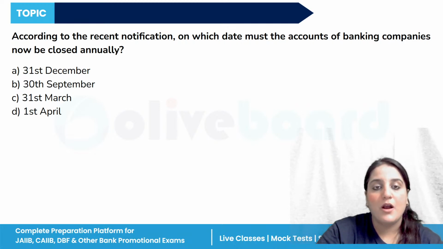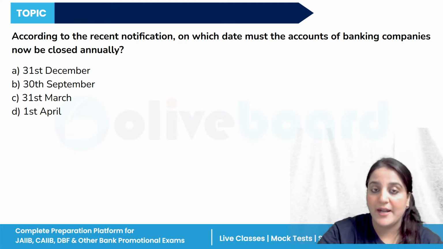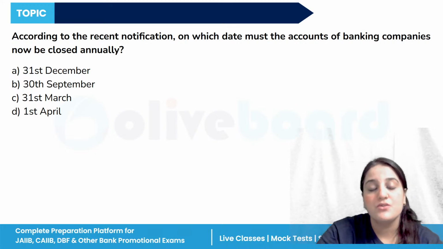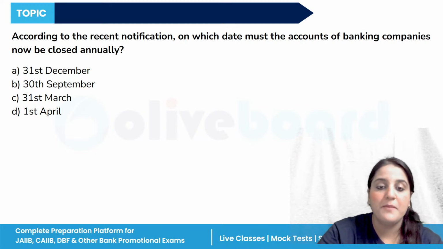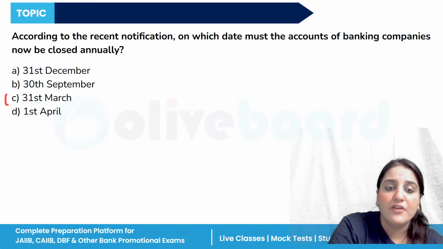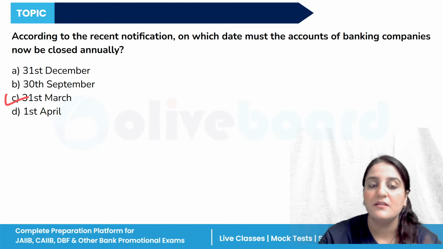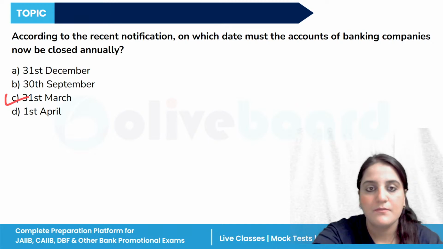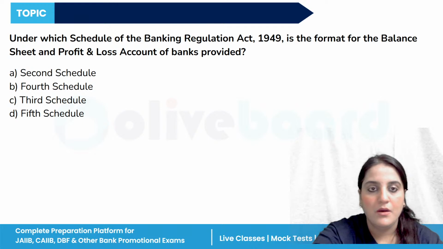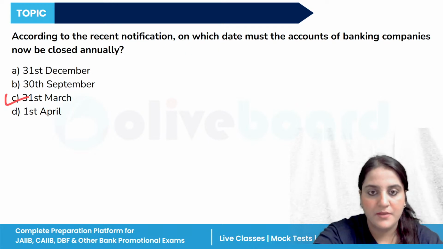So according to the recent notification, I told you that the government has notified that the accounts of the banking companies shall be closed on 31st March, and earlier this date was 31st December. So the correct answer is option C. I hope this is clear.